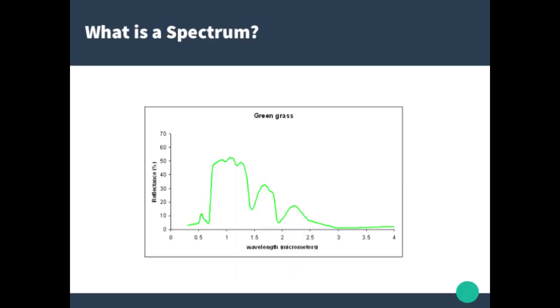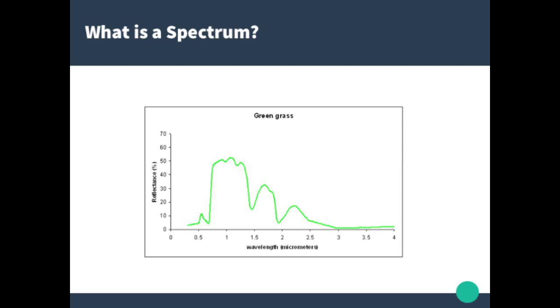So here's a type of spectrum, or a type of signature, if you will, that is a really important one if you're doing terrestrial remote sensing. This is the reflectance pattern of healthy photosynthesizing vegetation. This particular one is green grass.